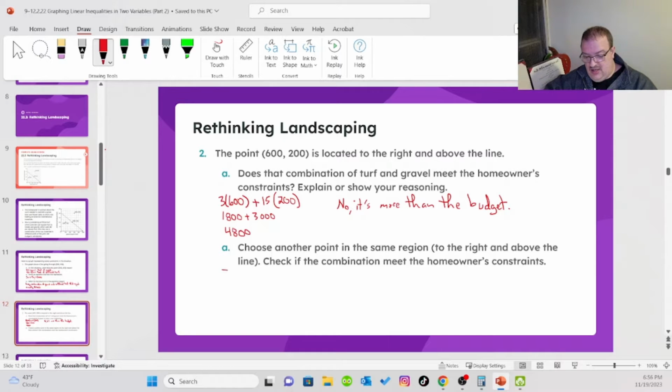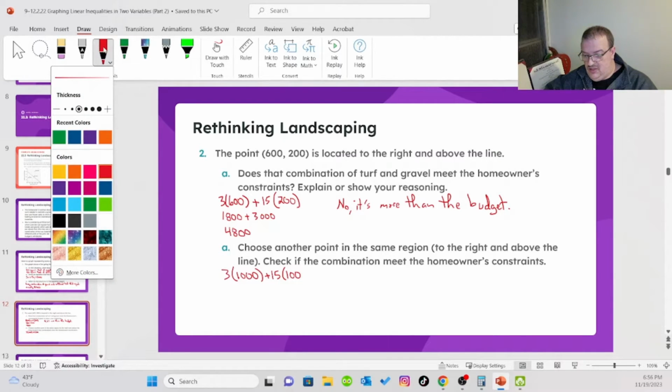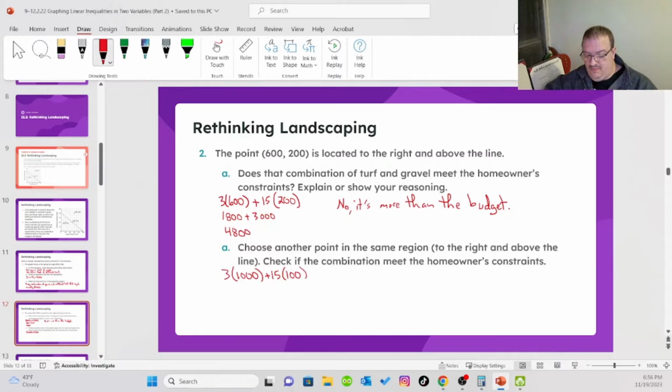So we can say 3 times 1,000 plus 15 times 100. 3 times 1,000 is 3,000. 15 times 100 is 1,500.